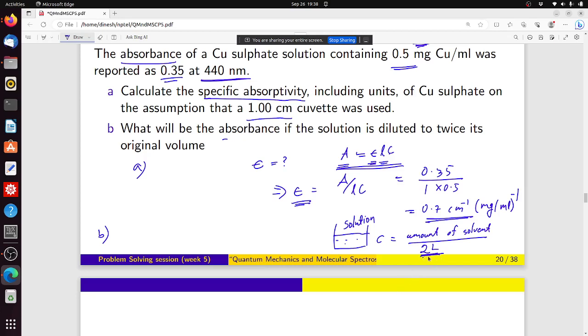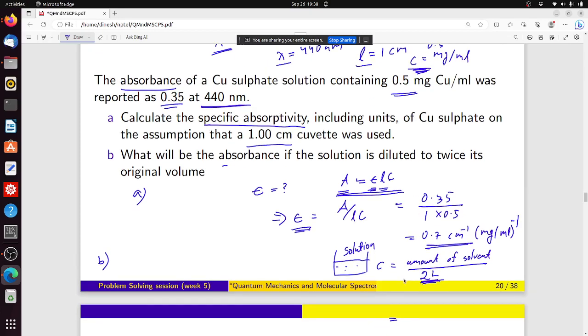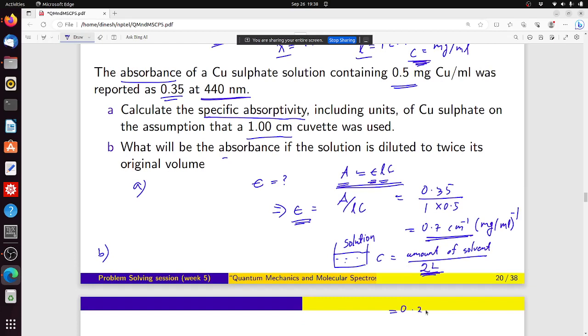So we are doubling it. So in that case, what will happen? The concentration will decrease to half. Okay, so in that case it will be 0.25 milligram per milliliter. Okay, so C is changed to this value.